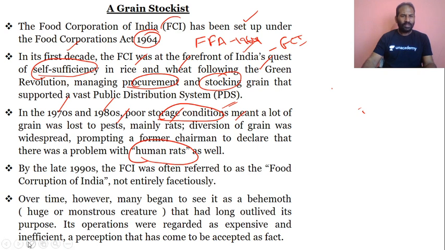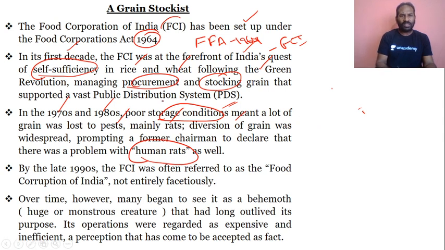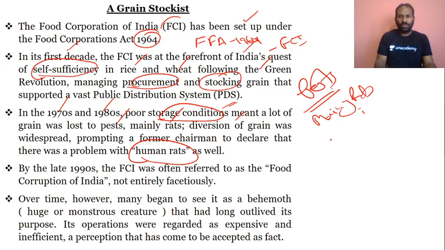We had minimal storage conditions, and because of that, the grain was stored openly and was destroyed by pests, mainly rats, and also by what you call human rats. That means there was a lot of corruption, which has also been taken into consideration.